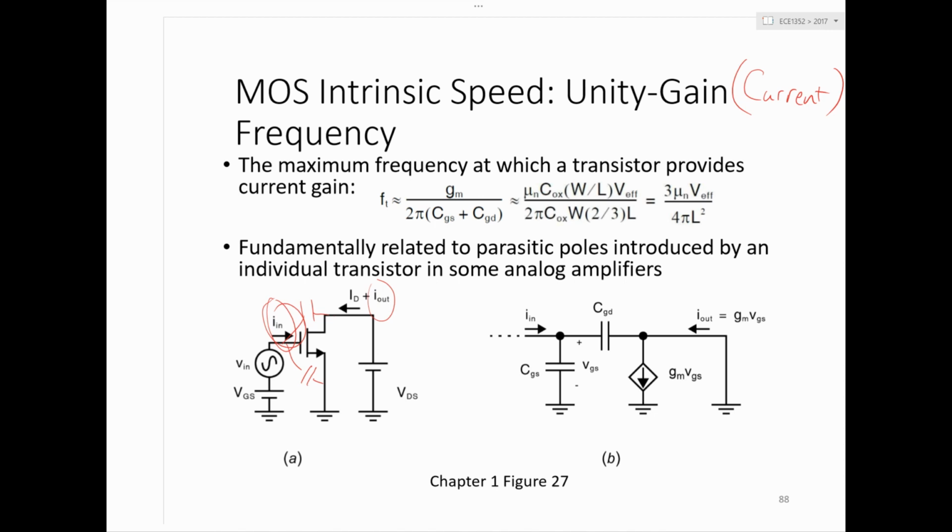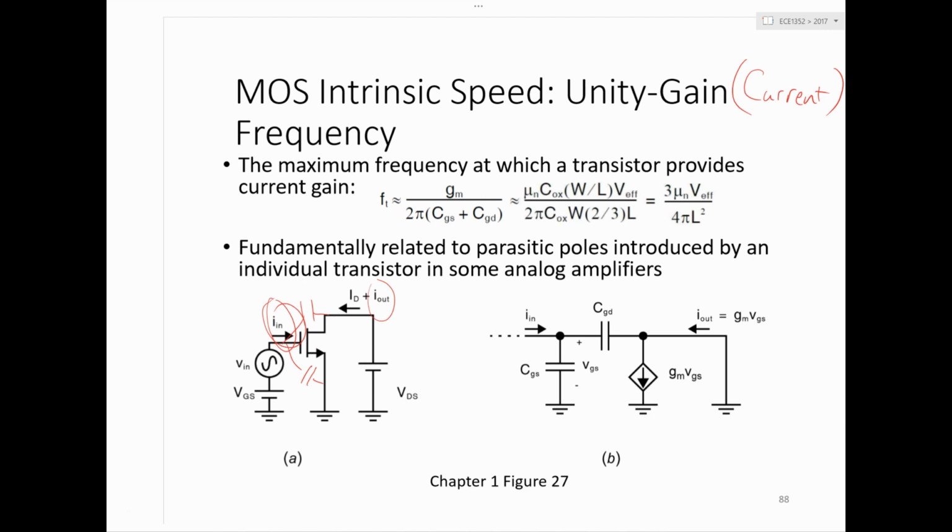Also, you'll see in some analog amplifiers, like the folded cascode differential amplifier that we'll talk about later, some of the parasitic poles in that amplifier are directly proportional to the fT of the individual transistors in there. You might say this is kind of a fictitious thing, I'm never going to use it at that frequency, whatever, right?